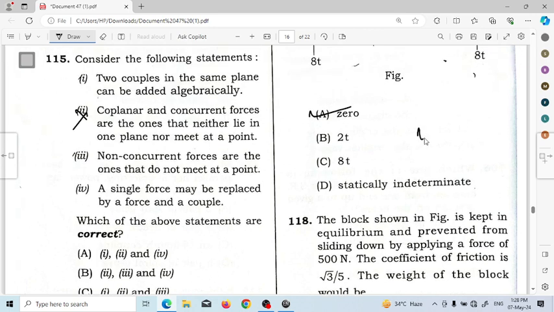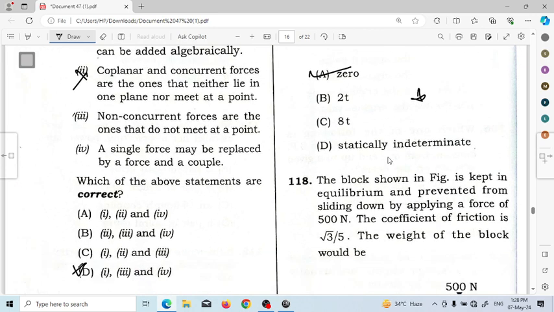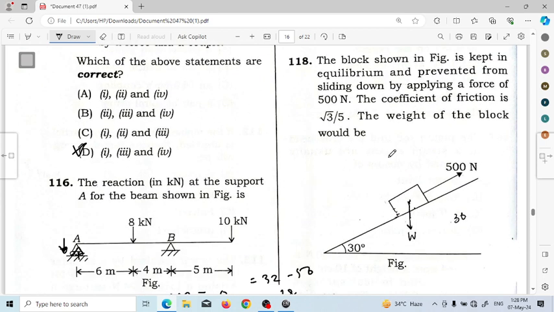This is a doubt question. Maybe 0. This is statically indeterminate. Maybe 0.